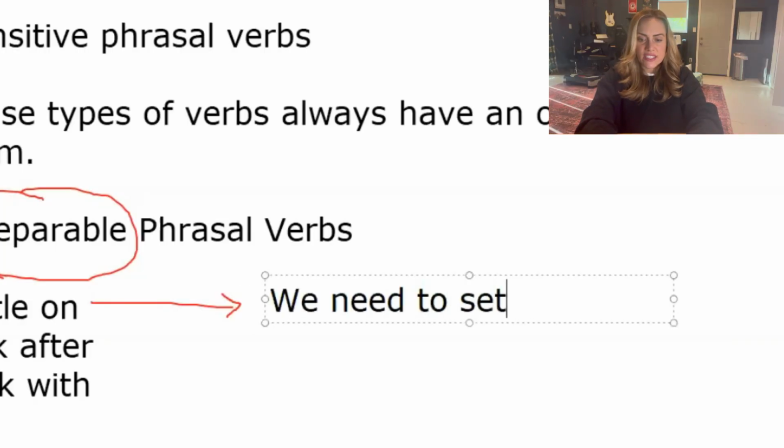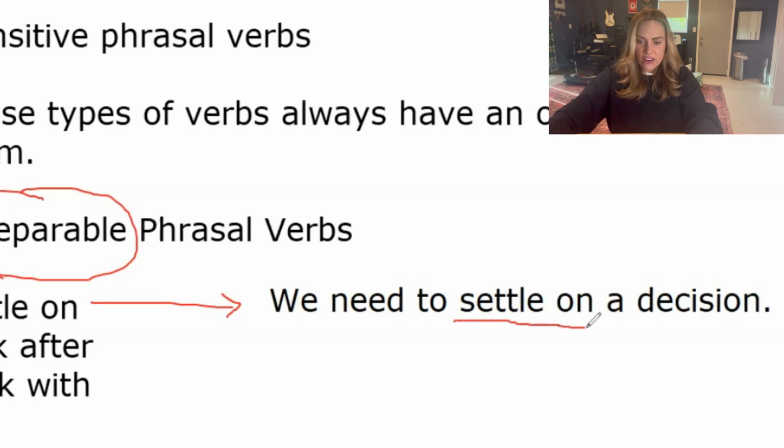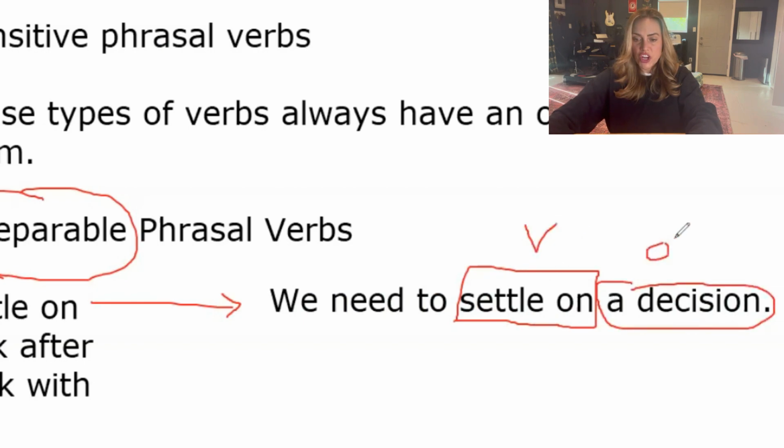We need to settle on a decision. Okay, first let's analyze this. Settle on is the verb, the phrasal verb we're using here. And then a decision is the object that comes after the phrasal verb.